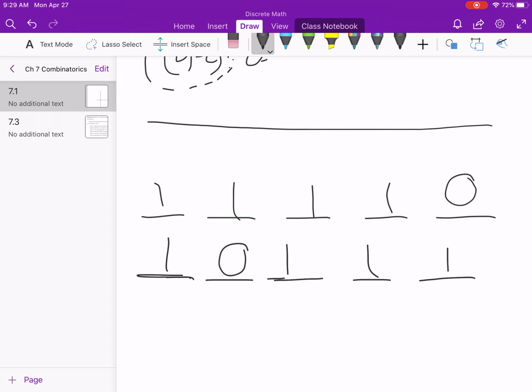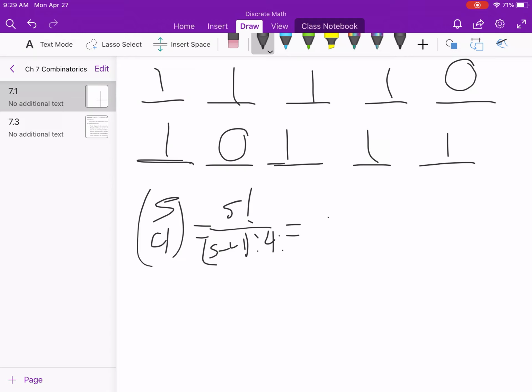That's 5 factorial divided by 5 minus 4 factorial times 4 factorial, which just gives us 5. So there are 5 arrangements I can have there.